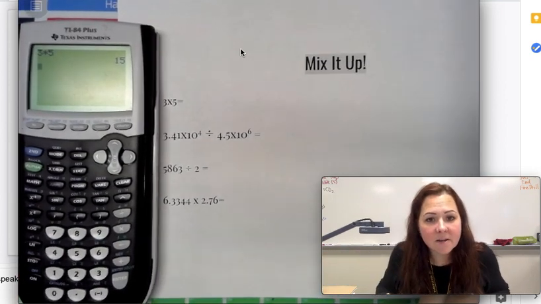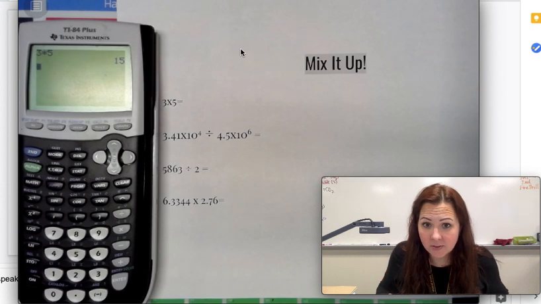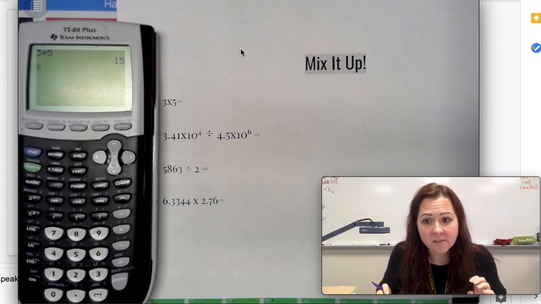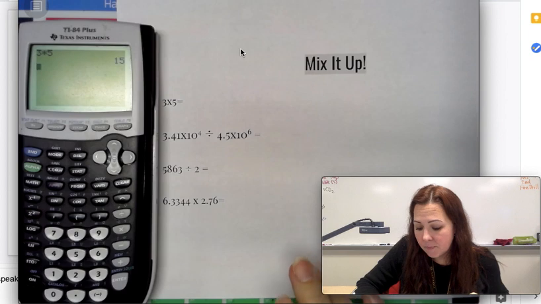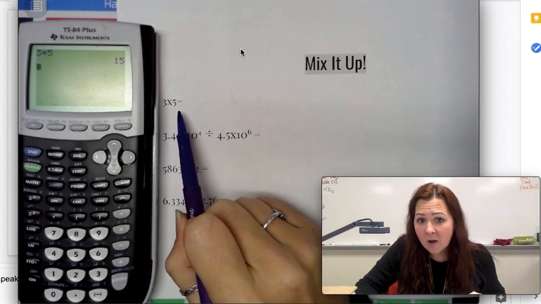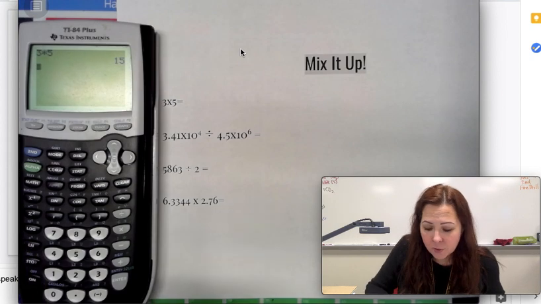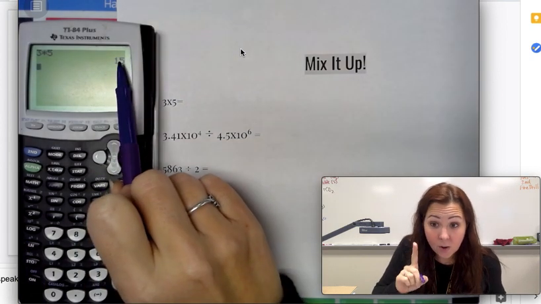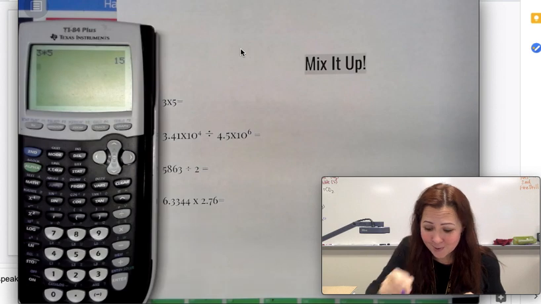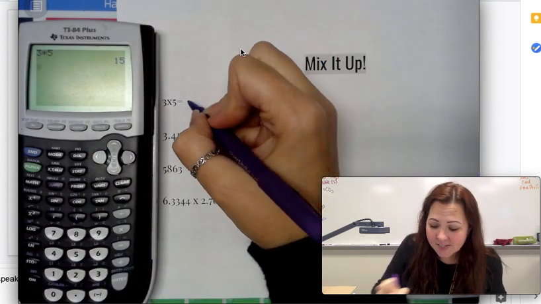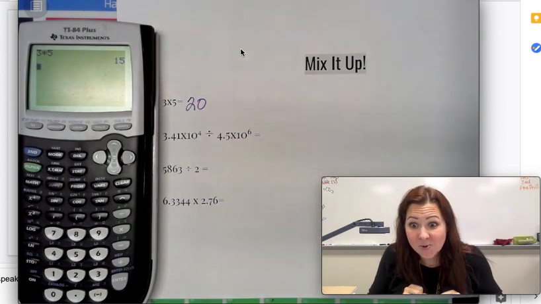So 3 times 5 is 15 in your calculator. If we're using SigFigs in measurements, we have to round this to only contain 1 significant digit. So the 5 makes the 1 go up to a 2. So in terms of SigFigs, my answer is 20.